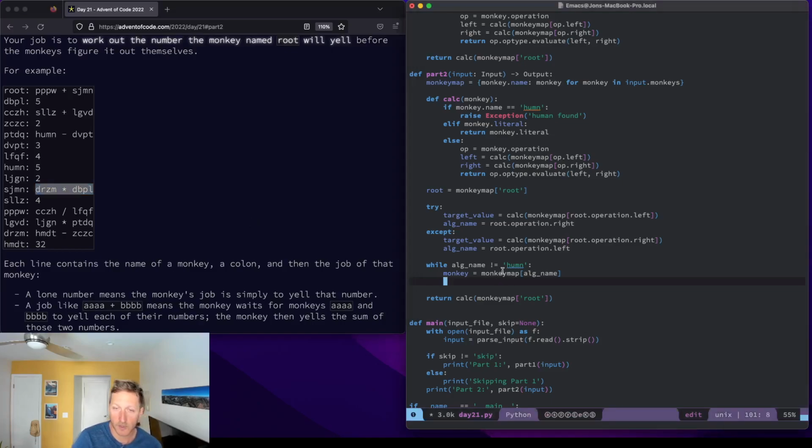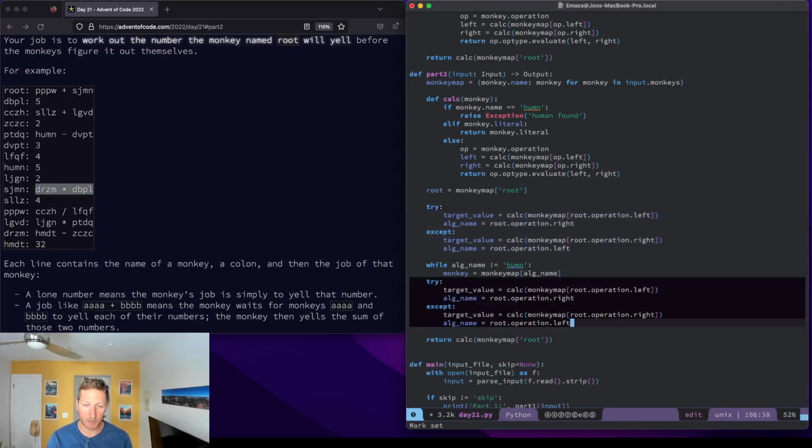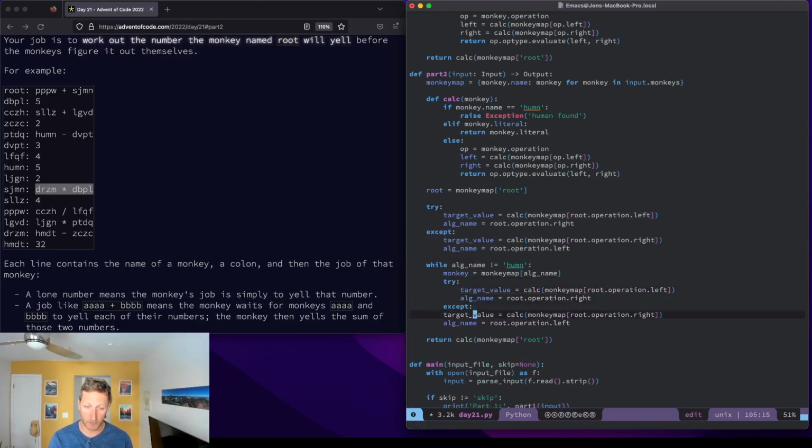So first thing we do is the same operation to figure out which one can be calculated. And instead of doing root, we do monkey.